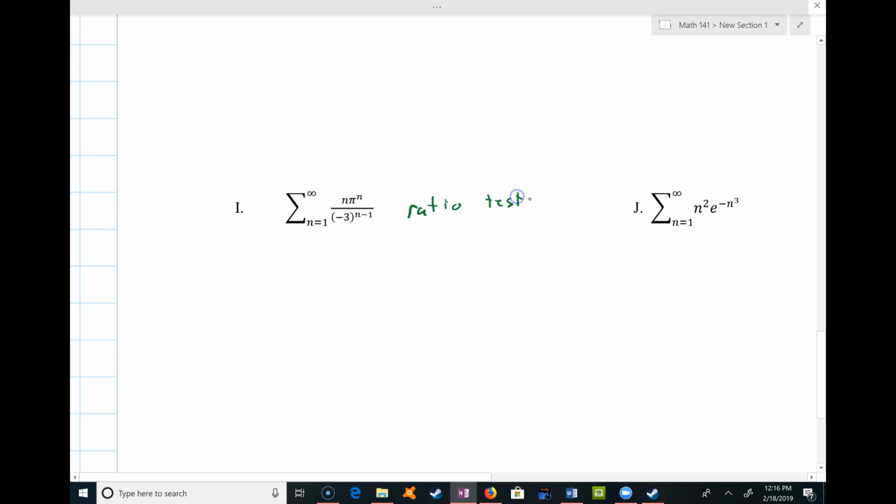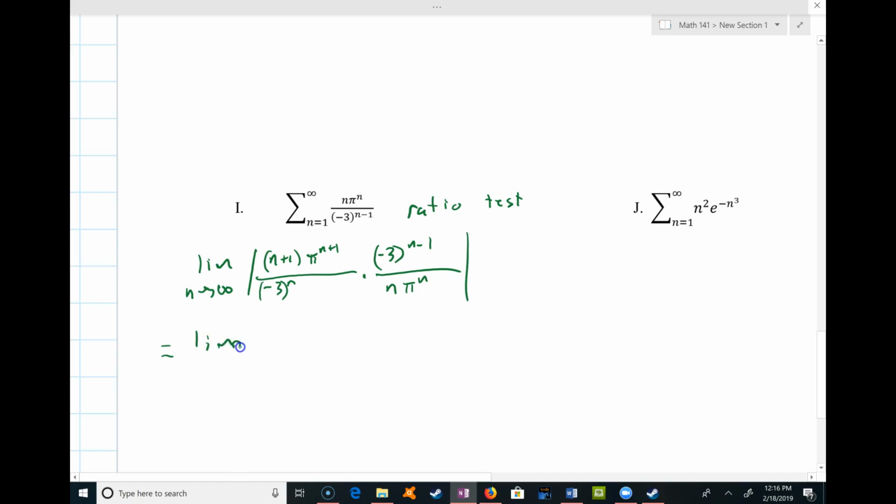So that'd be the limit as n approaches infinity of the absolute value of n plus 1 times pi to the n plus 1 over -3 to the n, times -3 to the n minus 1 over n times pi to the n. And that's going to be equal to the limit as n approaches infinity.